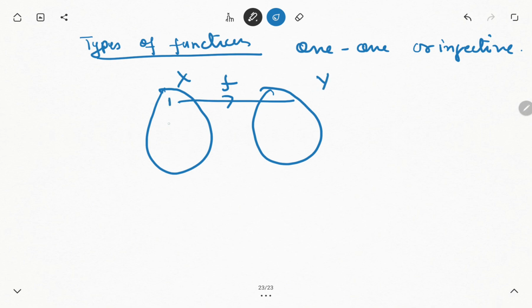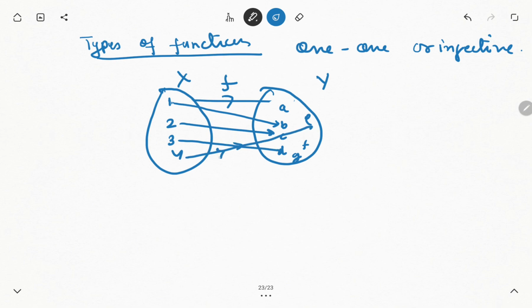It has 1, 2, 3, 4, and here are the elements A, B, C, D, E, F, G. Now see, 1 is related to B, 2 to C, right? 3 to D, and 4 to E. Okay.